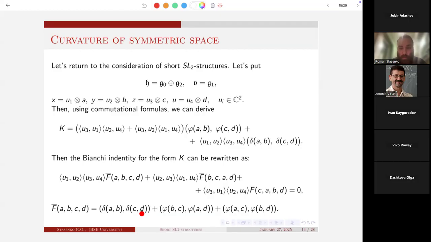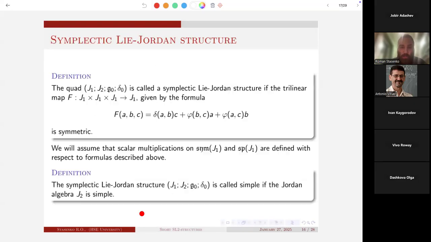We can derive it from the previous formula, and this equality is very important. That these four elements are called a symplectic Lee-Jordan structure, and this is such an object as we need.